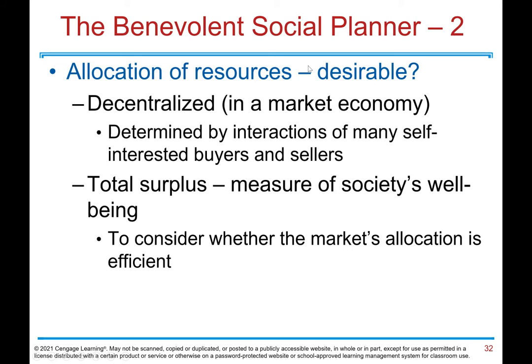Allocation of resources: is it desirable? Decentralized in a market economy, it is determined by interactions of many self-interested buyers and sellers. Total surplus is a measure of society's well-being, used to consider whether the market's allocation is efficient.